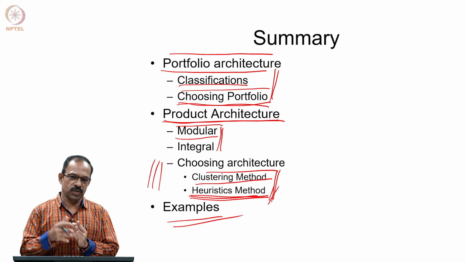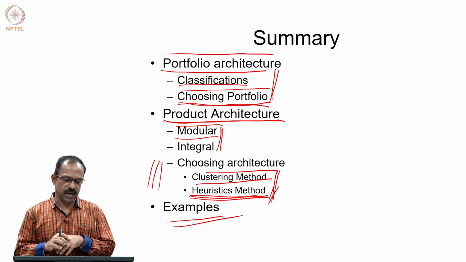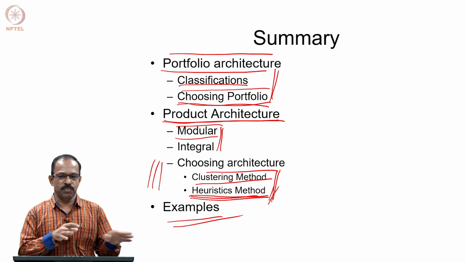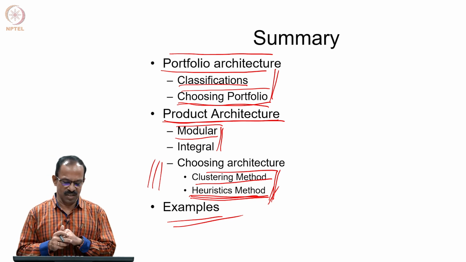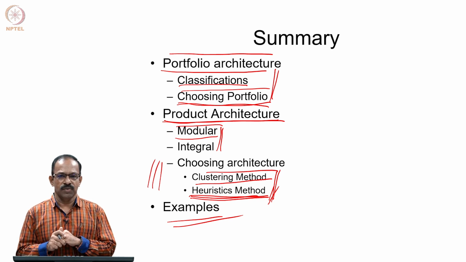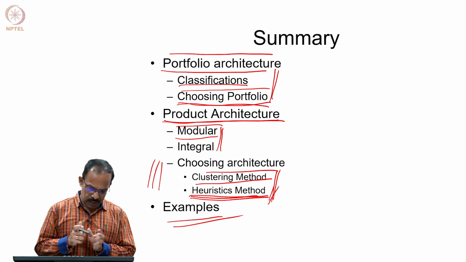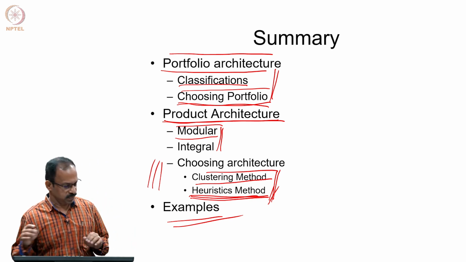So, we will go to concept development as the next step, or probably the final step, that we will be discussing in this course. We will look at how concepts can be developed for each one of these things. Okay. So, we will move to that topic now.